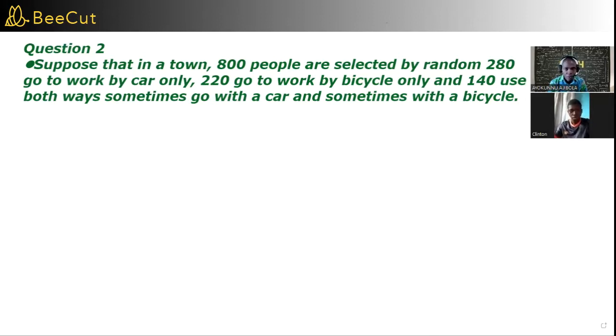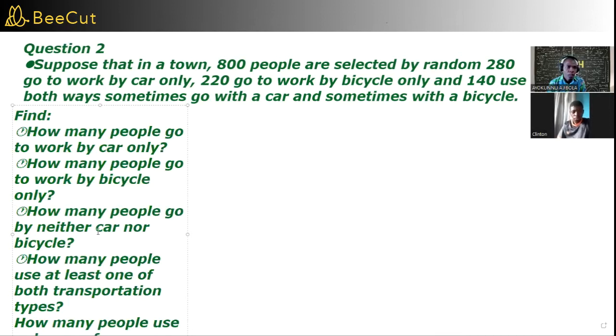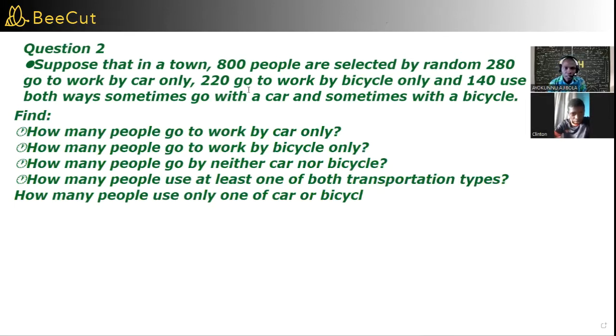But such a question can be given as well, just to trick you and see whether you know what you are doing. So by car, that is 280. By bicycle, that is 220.